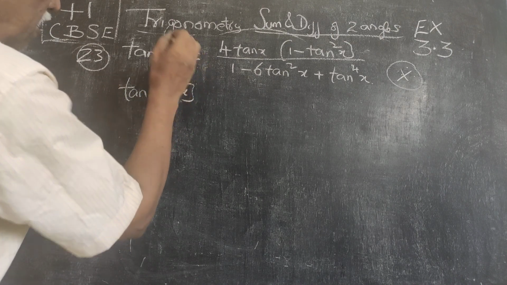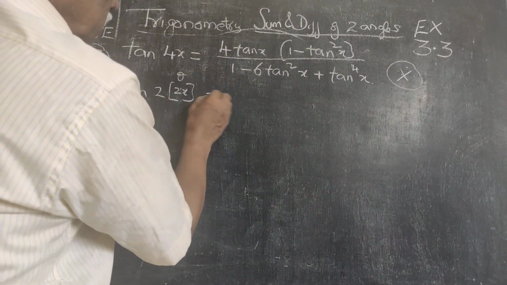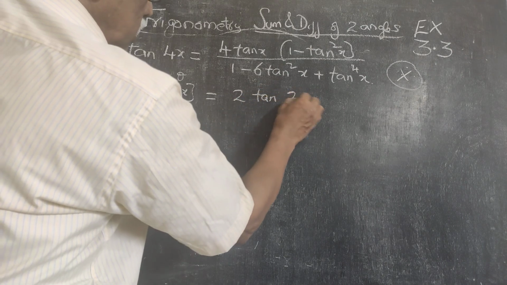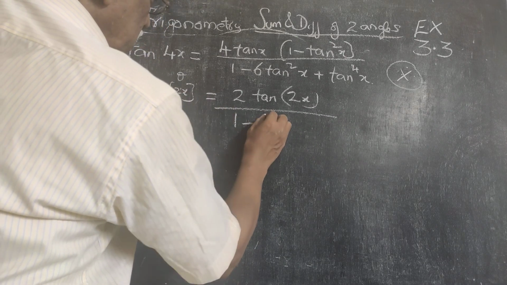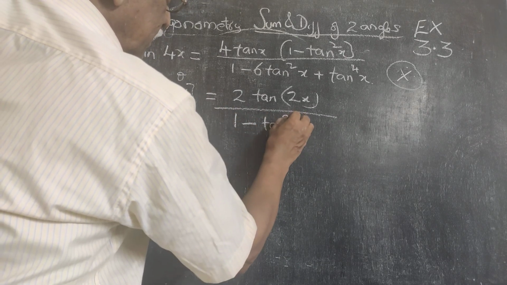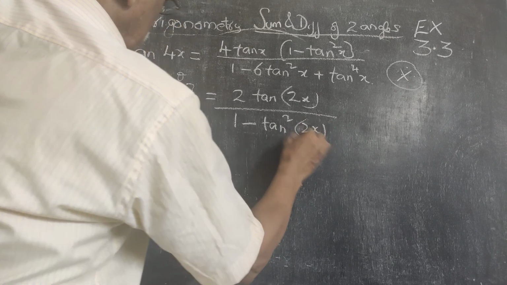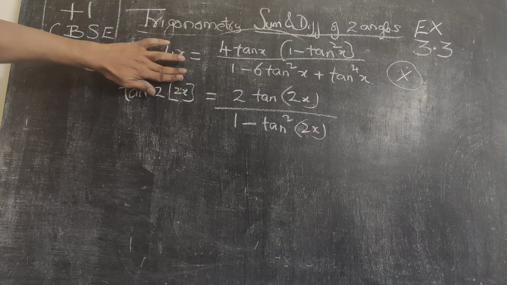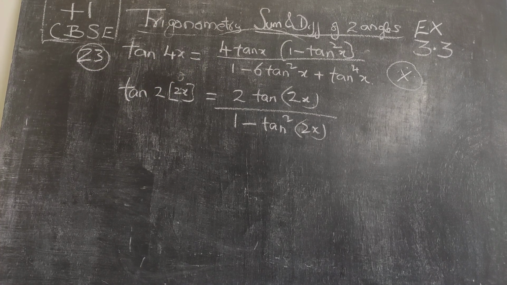This is just like tan 2 theta. Now what is the formula for tan 2 theta? 2 tan theta by 1 minus tan square theta. Is it okay? So you have tan 2 times 2x equal to 2 tan 2x divided by 1 minus tan square 2x.